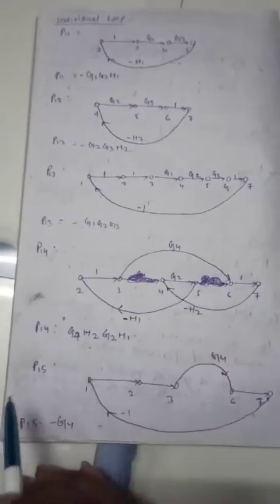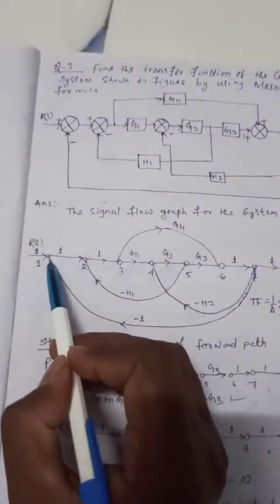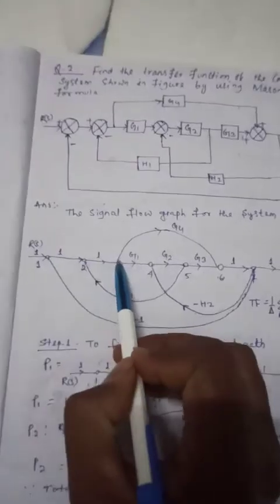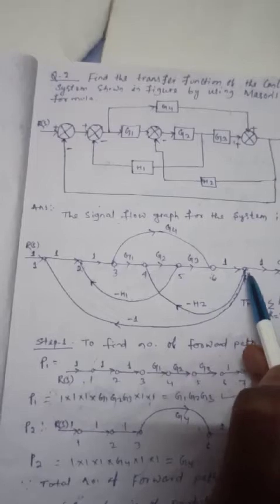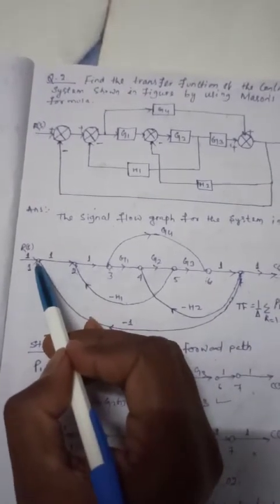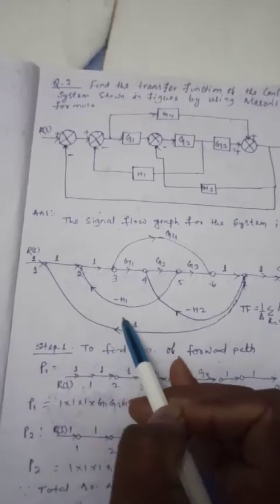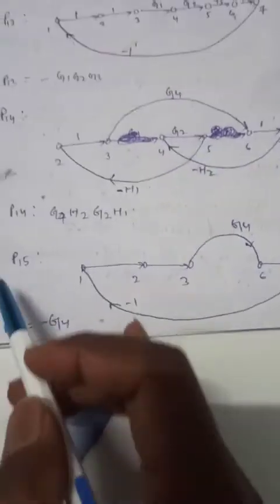Then loop number 5. Loop number 5 is coming from here. It starts from node number 1 to 2, 2 to 3, then 3 to 6, 6 to 7, and it returns to the same node 1 which it started from, with the gain of minus 1. So this is the last, fifth loop.